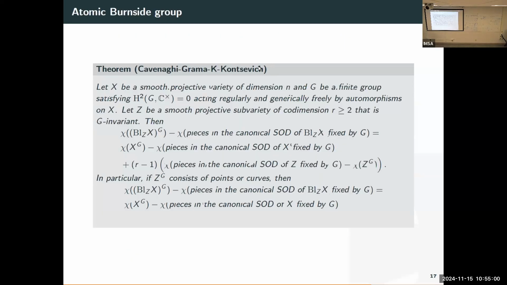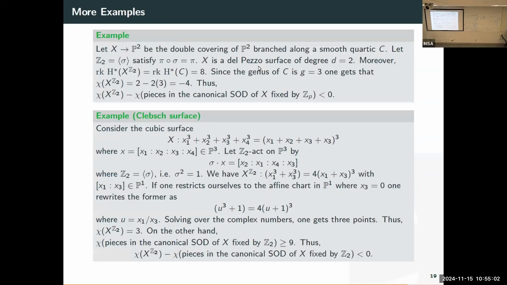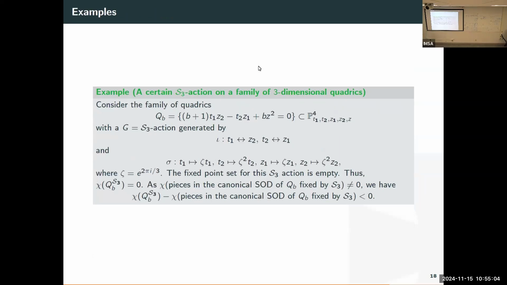So there are two interesting examples that I want to point out. One of them is the two-dimensional quadric, the rational manifold over the complex numbers, but with the action of the S3 group, which acts in the following way.